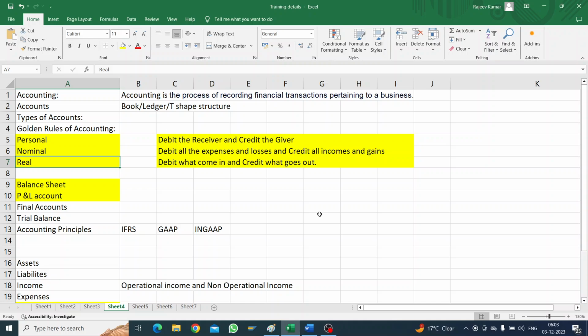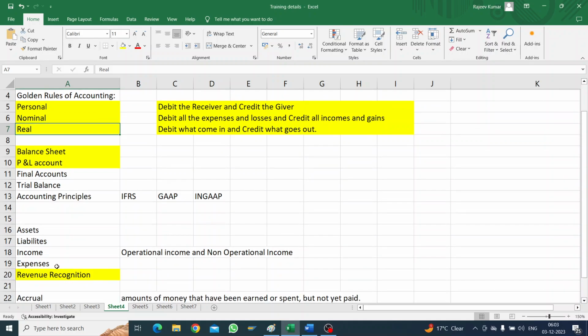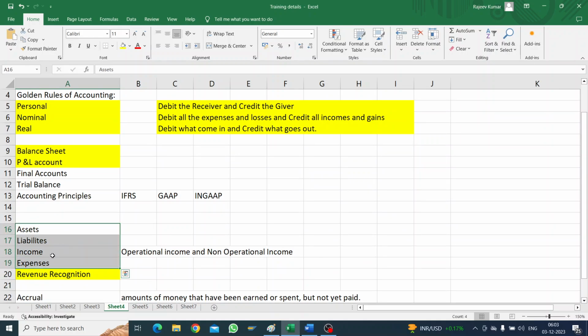And they are all bound by the rules and regulations of the country in which they are operating the business, correct? So the balance sheet basically contains your assets and liabilities side, and the profit and loss account basically contains your incomes and expenses. As you can see here, these are the four items belonging to these two statements.